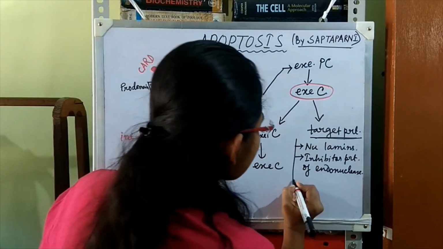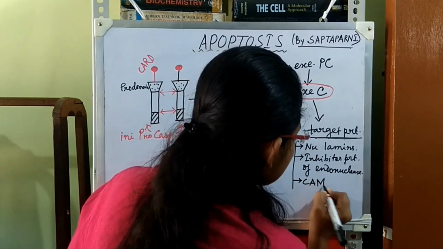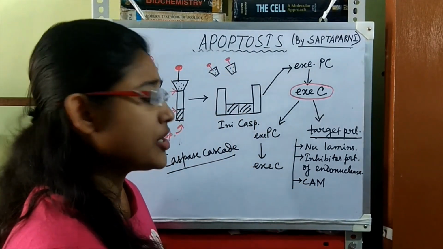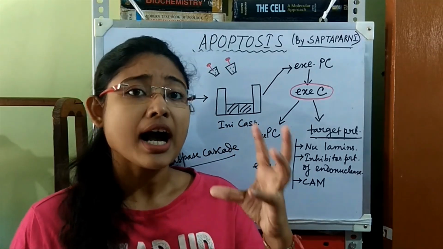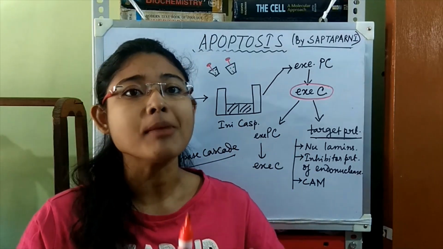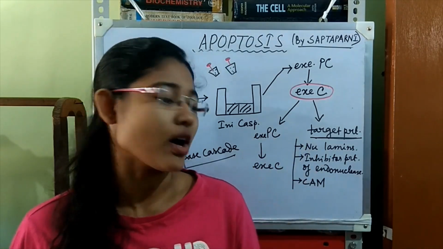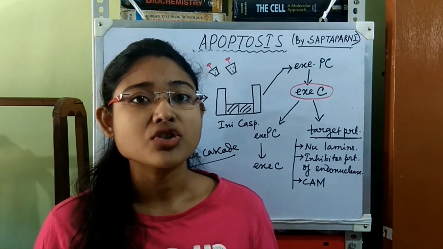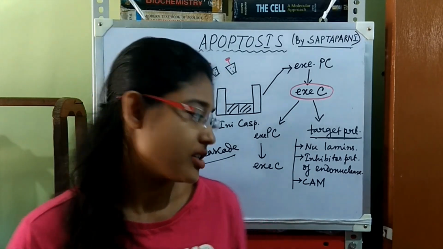Now, executioner caspases also cleave cell adhesion molecules, so that an apoptotic cell can detach from other neighboring cells and form a round-like structure. The round-like structure is easy to be engulfed by macrophages.